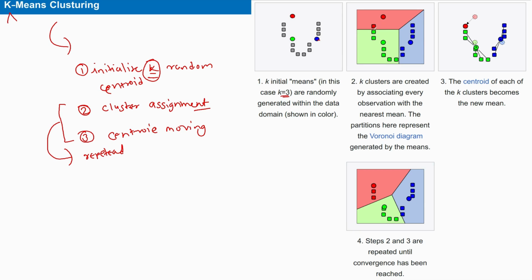For example, in this figure, this data point is closest to this centroid, so it is assigned to this centroid's region.